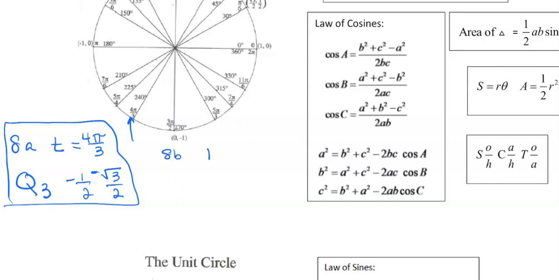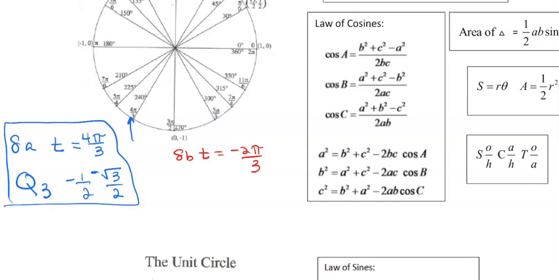For 8b, they tell us the angle is -2 pi/3. You can do this two ways.